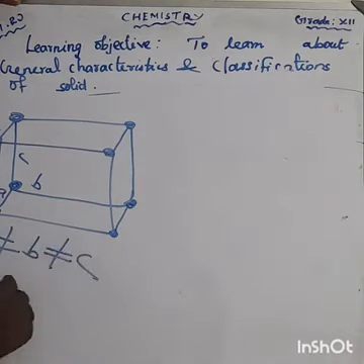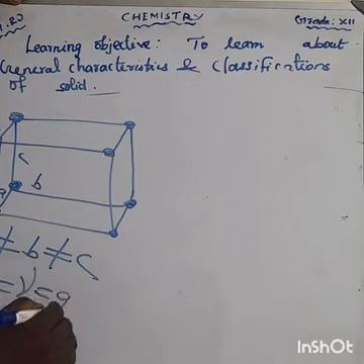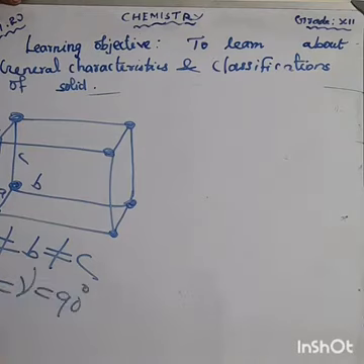Alpha is equal to gamma, which is equal to 90 degrees, and beta is not 90 degrees. Don't forget that.